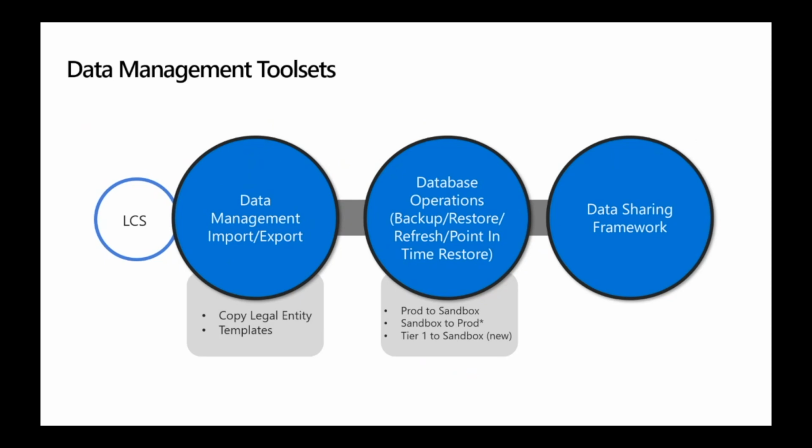Second part of this tech talk will talk about the database operations. So we do have a possibility for making a backup of an environment. We can restore that backup. We can ask a refresh, which is basically copying over the data from another environment over the existing one. Or we can ask for a point-in-time restore.